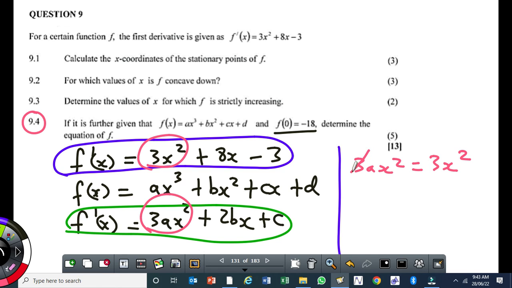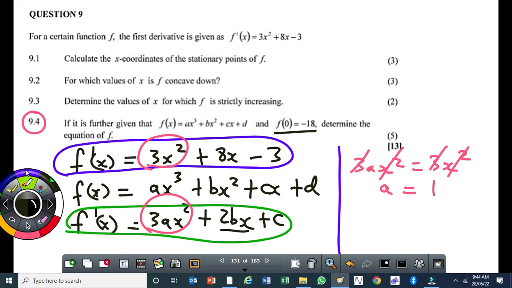You see this 3 and that 3, they cancel out, and this x squared and that x squared cancel out. So you're left with a equal to 1. I just compared the two. In actual fact, the way that I did there, I'm not comparing the coefficients, but I'm just solving that. Then you do the same for that one.